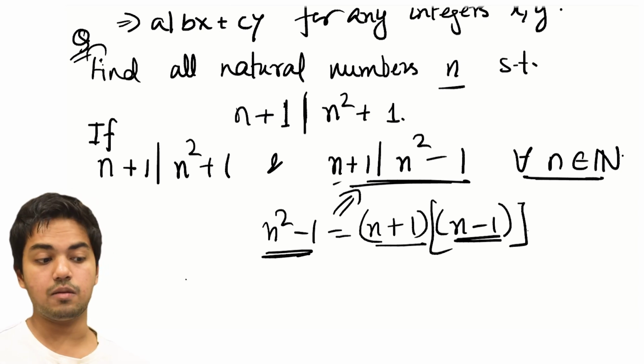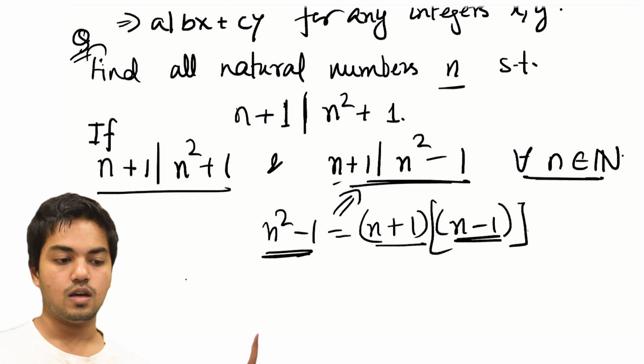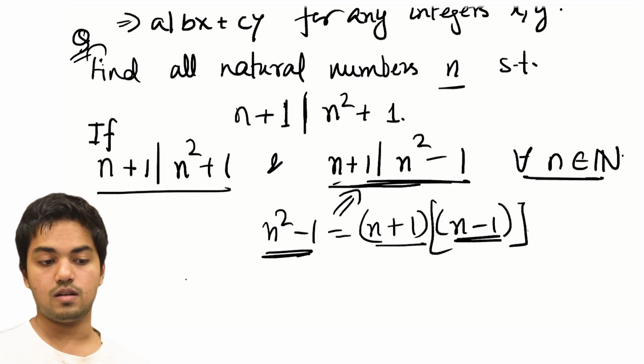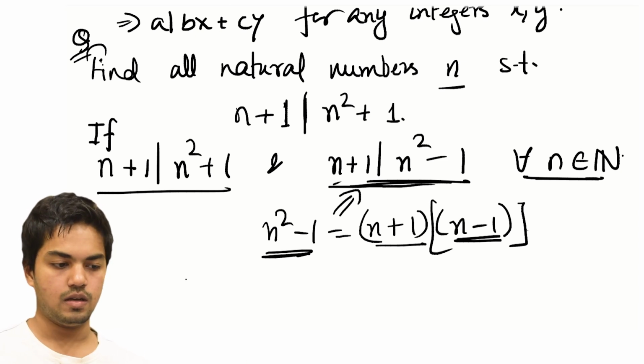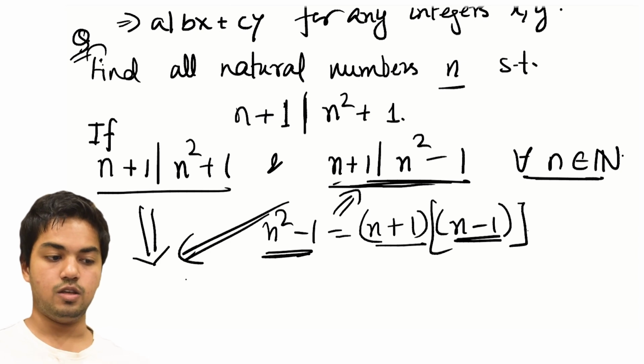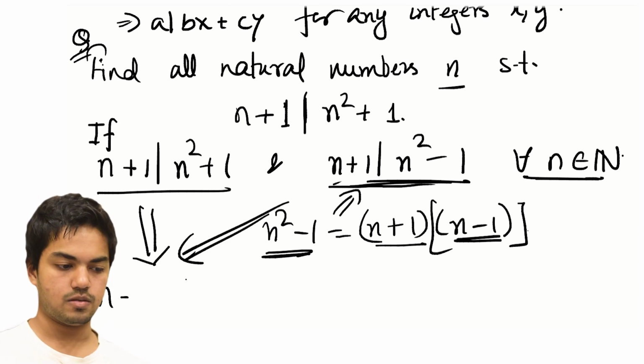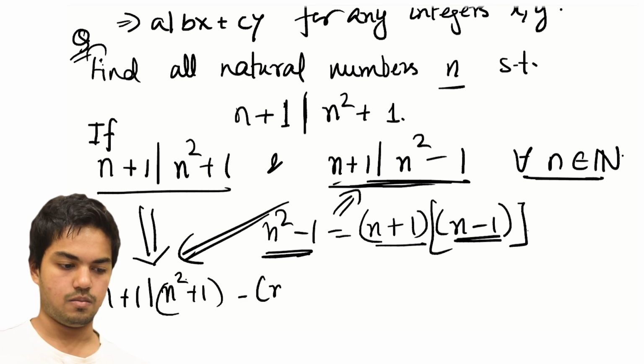If n plus 1 were to divide n square plus 1, and since n plus 1 divides n square minus 1 all the time, whenever the first statement is true, I can use both of those to imply that n plus 1 divides n square plus 1 minus n square minus 1, which is what?